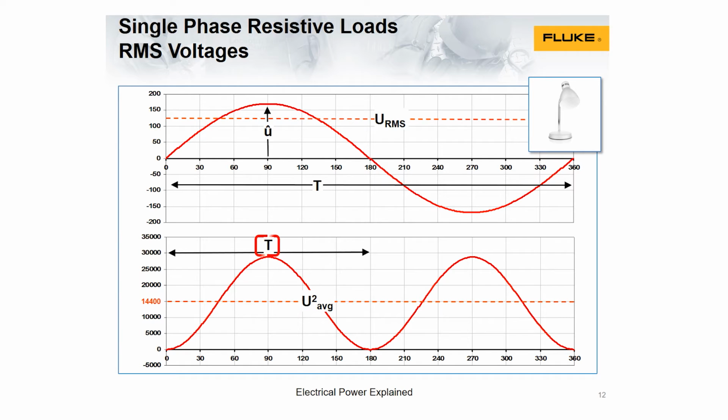Taking the square root confirms that U_RMS is 120 volt, which means that the peak value U peak is 170 volt. Once again, the 120 volt U_RMS is the voltage that will produce the same heat in a resistor as will a DC voltage of 120 volt.